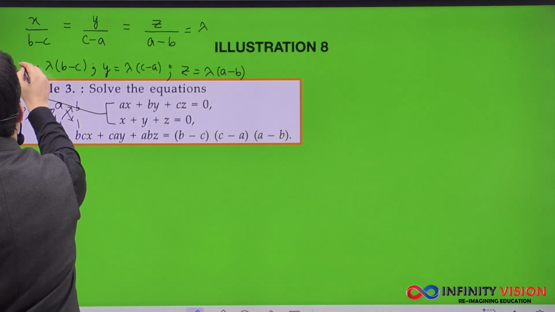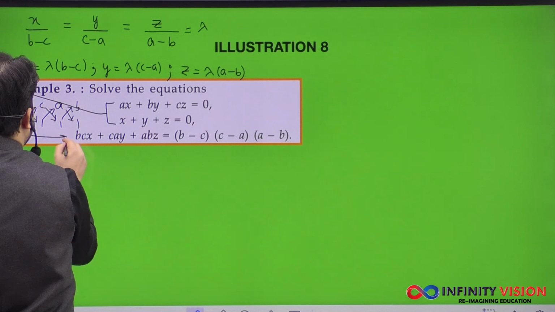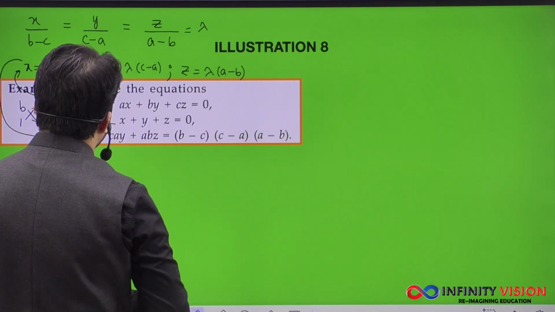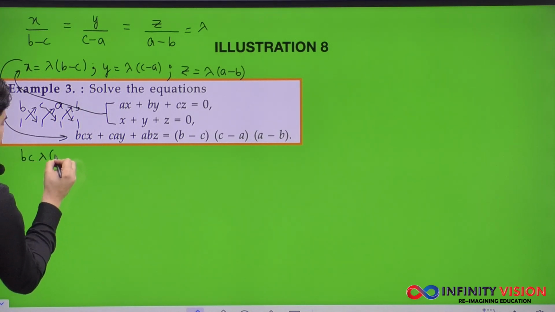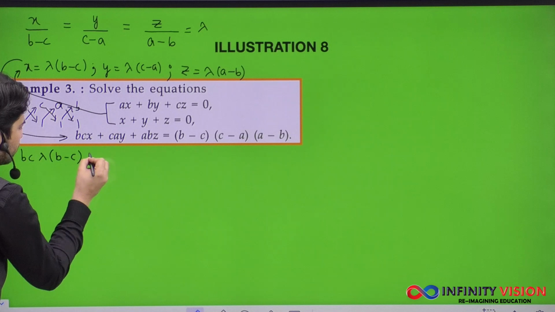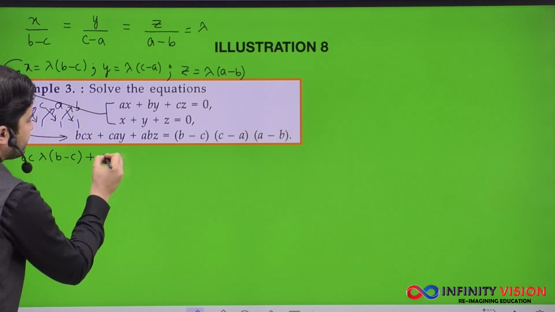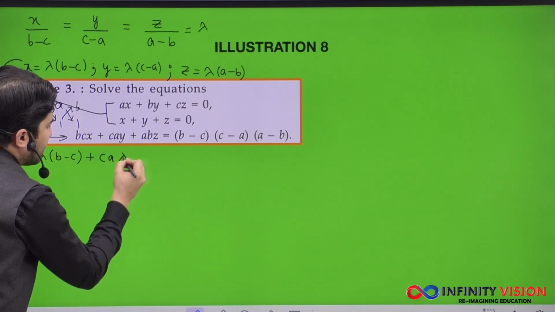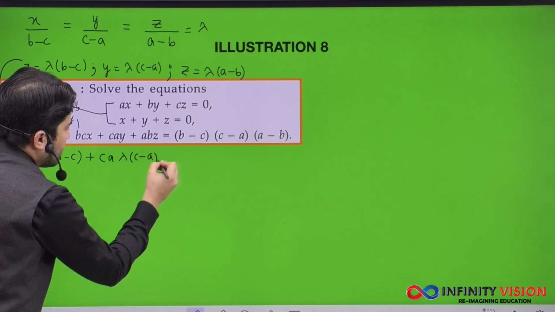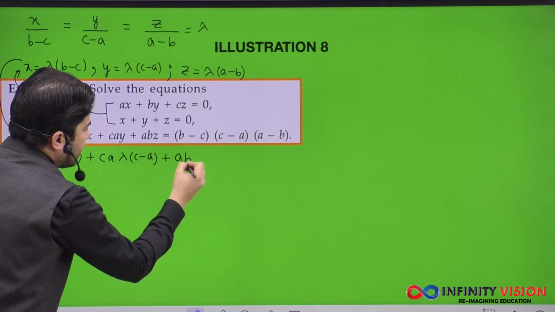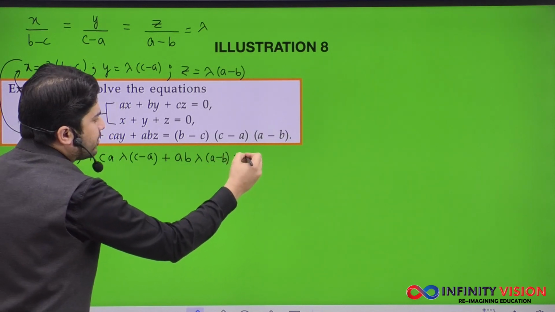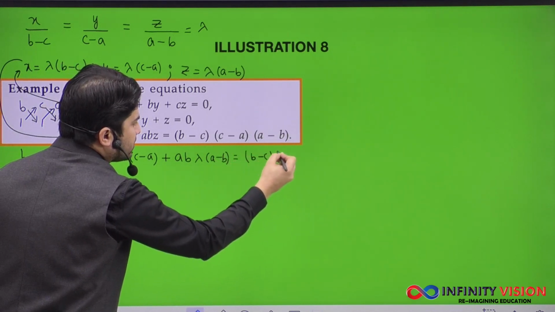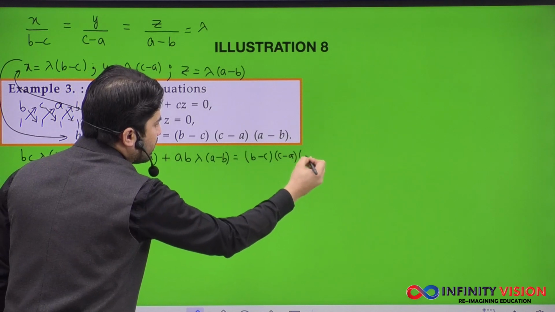Now I'm going to substitute this in this expression. So what I'll get? I'll get bc into lambda into b minus c, because my x is lambda into b minus c, ca into lambda into c minus a, since y is lambda into c minus a, and ab into lambda into a minus b, which is equal to my b minus c, c minus a, a minus b.